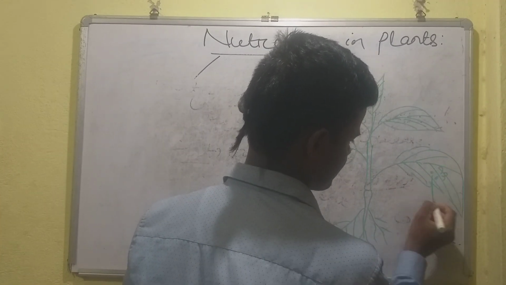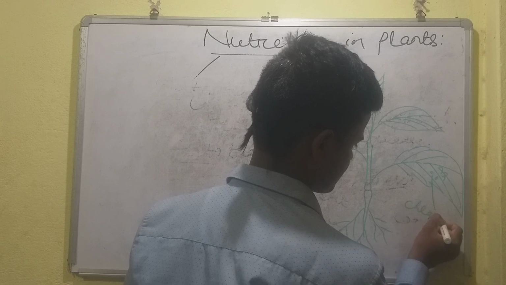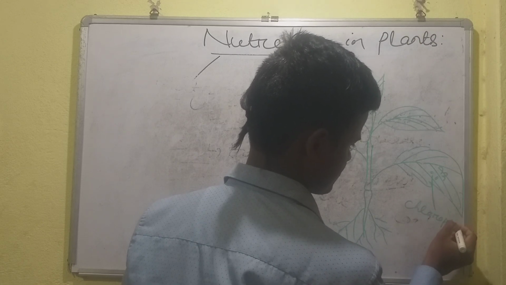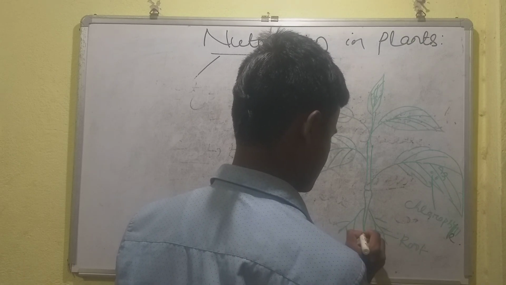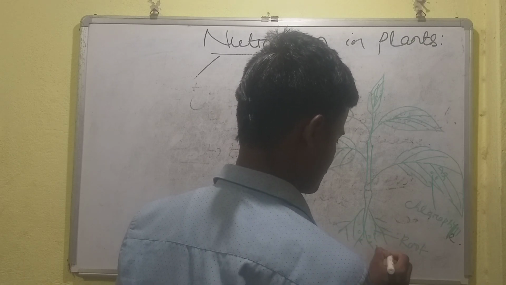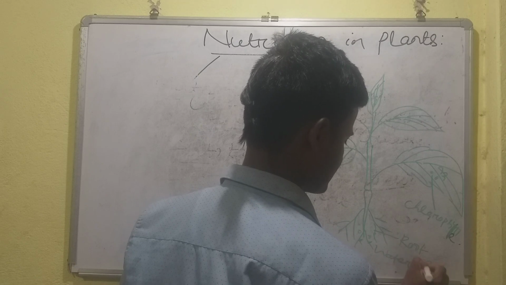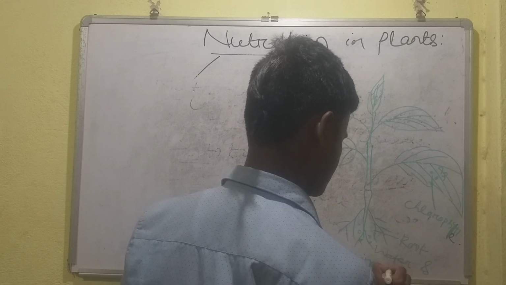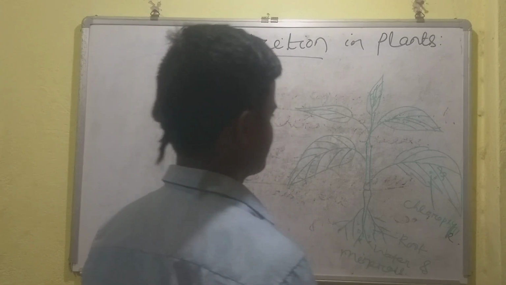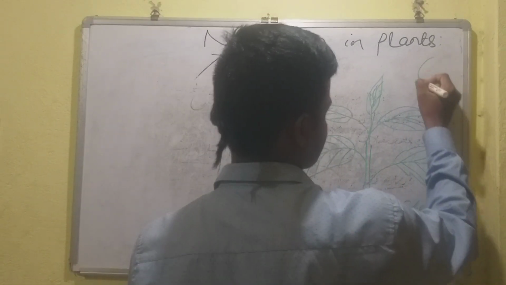Here is chlorophyll. This is chlorophyll. These are the roots. Water and minerals are absorbed. Right? Plants here will get sunlight.